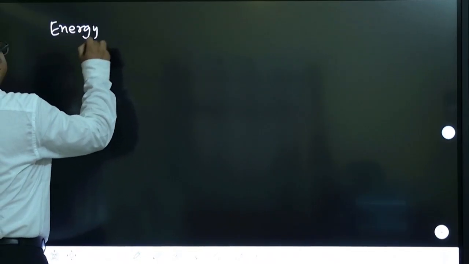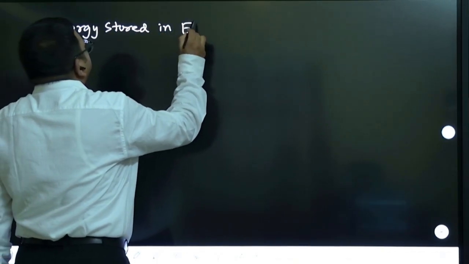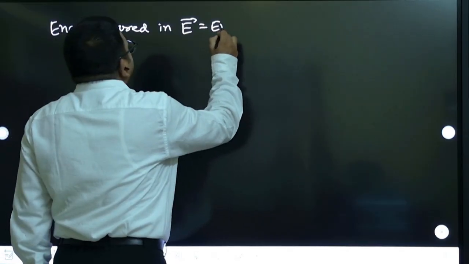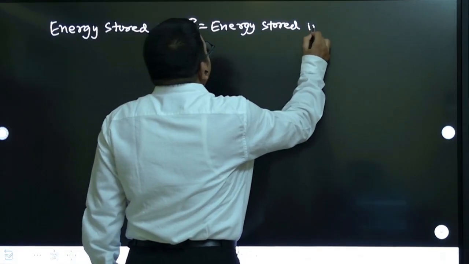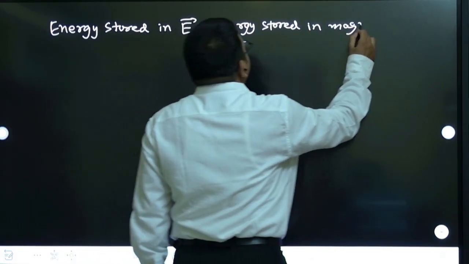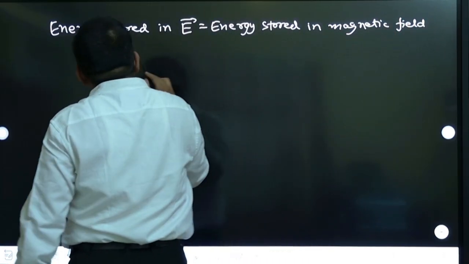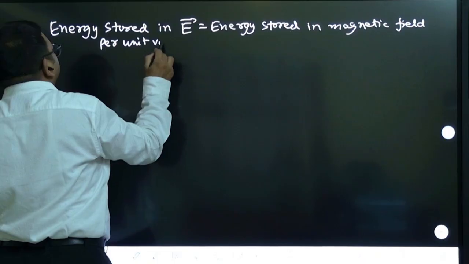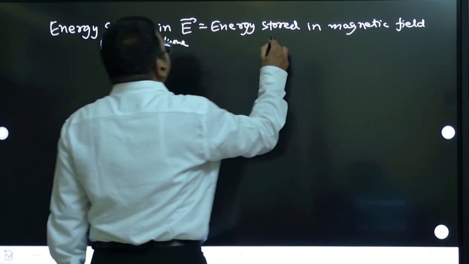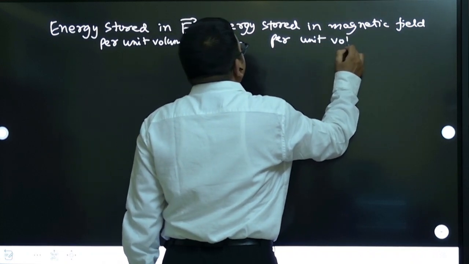Energy stored in the electric field is the same as energy stored in the magnetic field, and we have to take per unit volume on both sides.